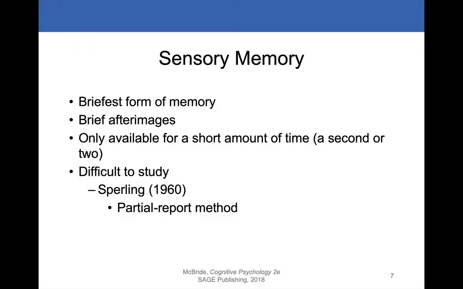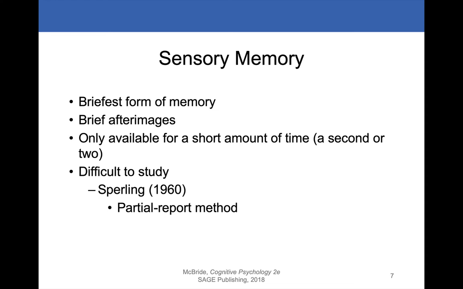Let's talk a little bit about sensory memory. Sensory memory is the briefest form. It includes memories of raw, unprocessed sensory information, which for the visual system is known as iconic memory. We're talking just seconds or milliseconds.